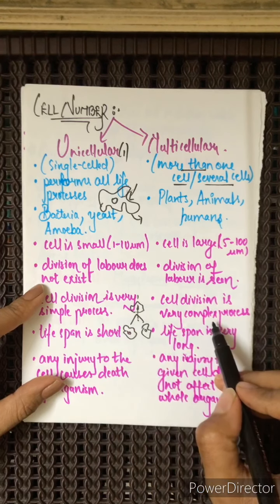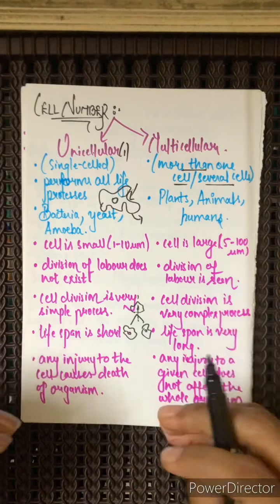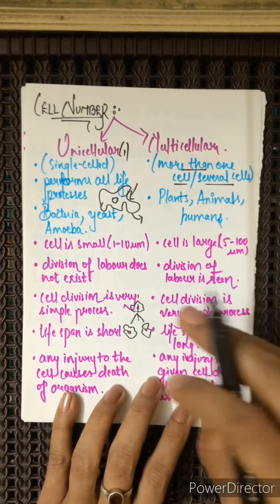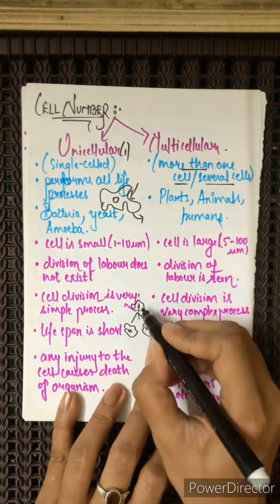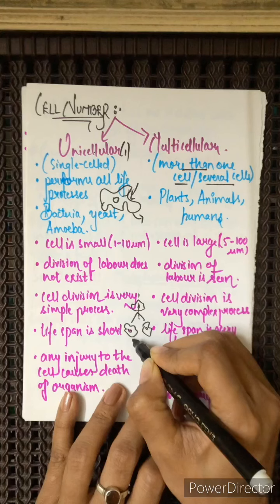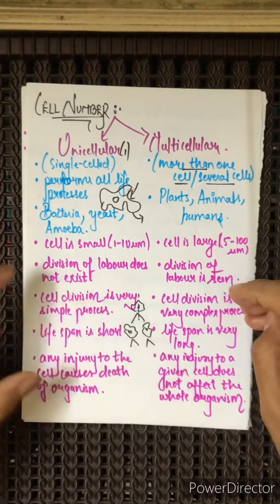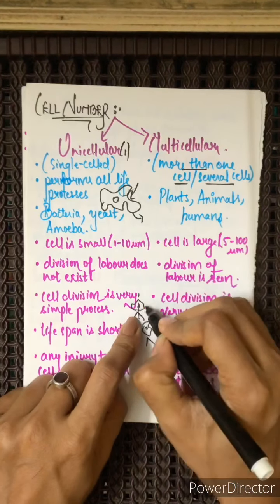But in multicellular organisms, cell division is not that simple. It is a complex process. In the unicellular organism, one cell divides into two, two into four, four divides further. So the cell division process is very simple, because this organism is only one cell.